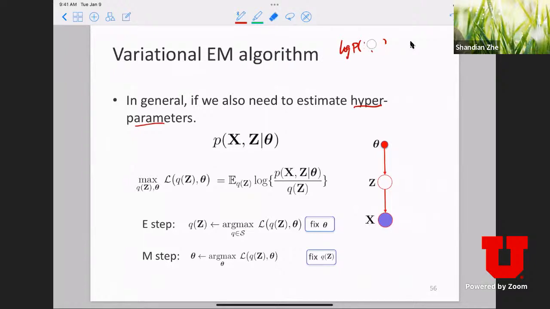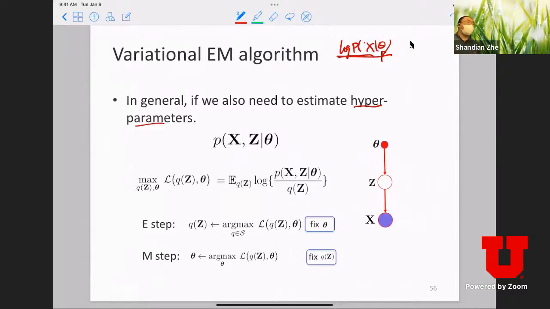Let me put X as data. Given theta is fixed, we assume the log marginal evidence is fixed, right? And then maximizing the variational lower bound is equivalent to minimizing the KL divergence.